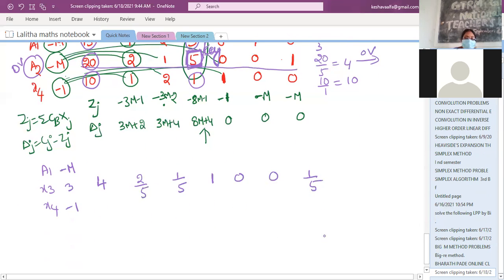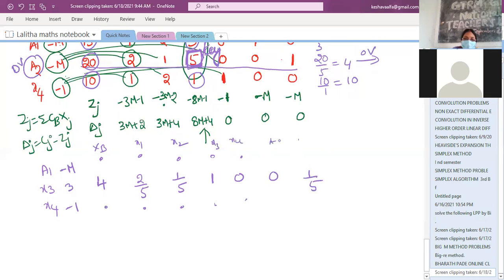Okay, second row values. Next we want remaining elements in XP column and also remaining values. Our basic variables are A1, X3, X4. So this is the XP values. So X1, X2, X3, X4, and A1, A2.